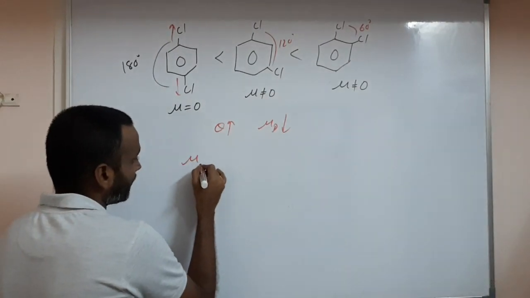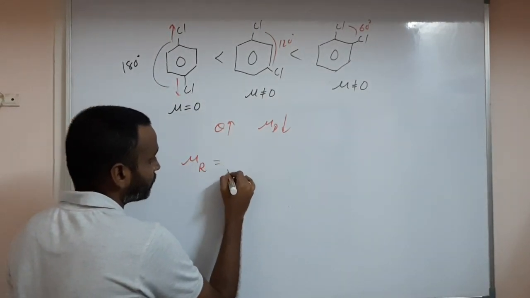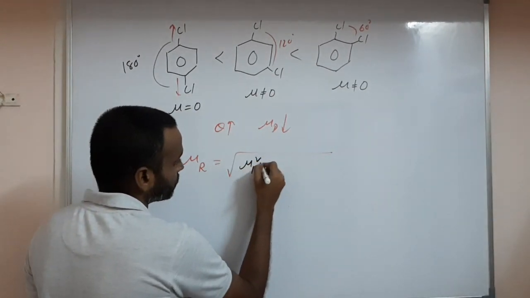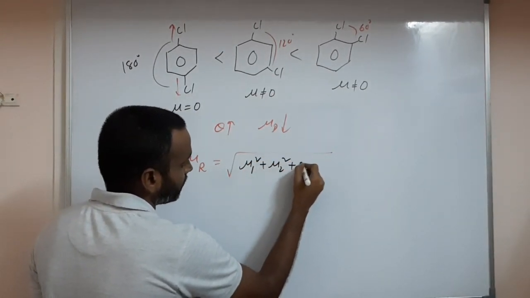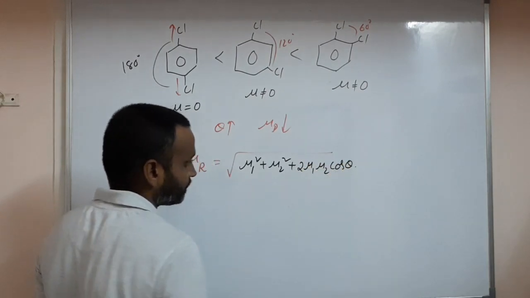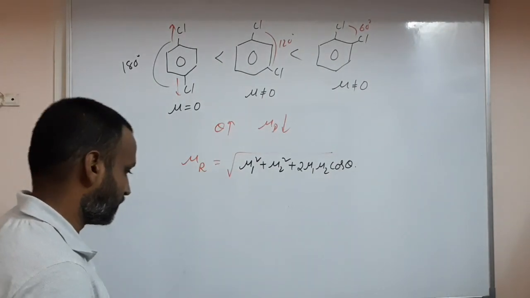Why? The resulting dipole moment mu r is equal to the square root of mu1 square plus mu2 square plus 2 mu1 mu2 cos theta. This is very important.